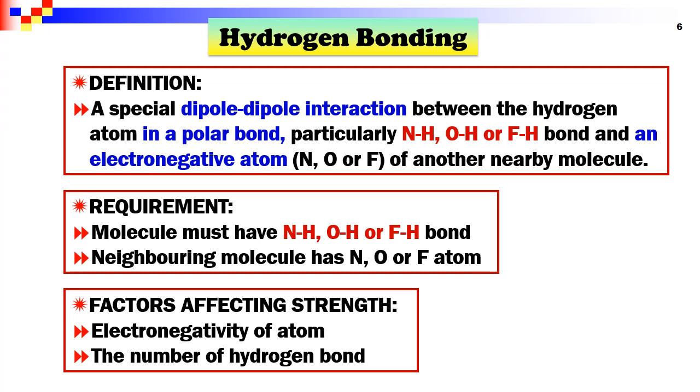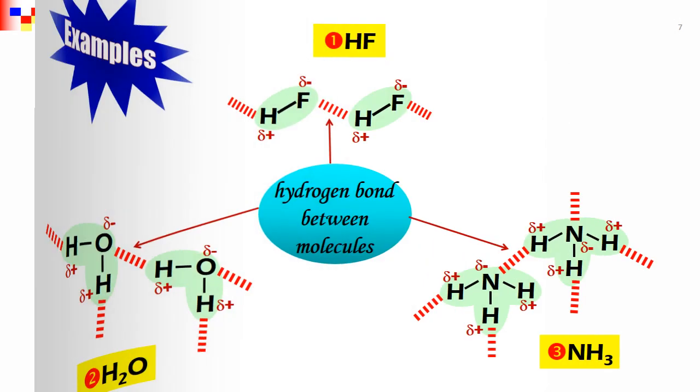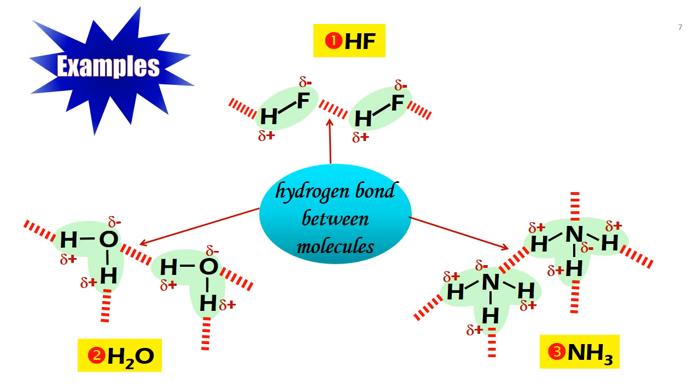The factors affecting the strength of hydrogen bonding. First, the electronegativity of the atom. And second, the number of hydrogen bonds present. These are examples of molecules that are able to form hydrogen bonds between molecules.